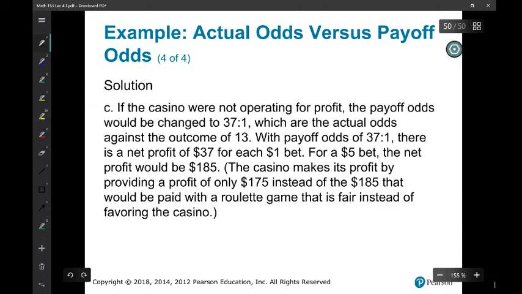Now, if the casino were not operating for profit and used the actual payoff odds against that we calculated earlier, then you would have 37 over 1 equals net profit over amount bet, which would be $5.